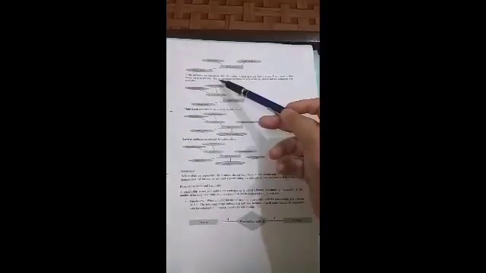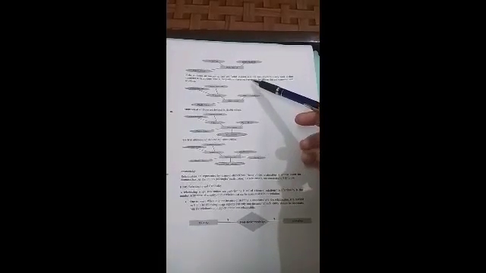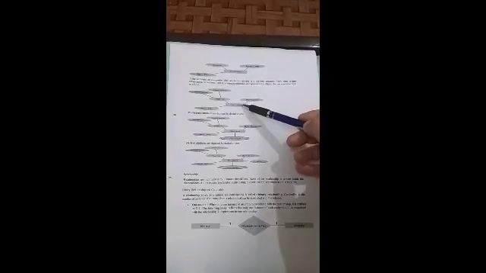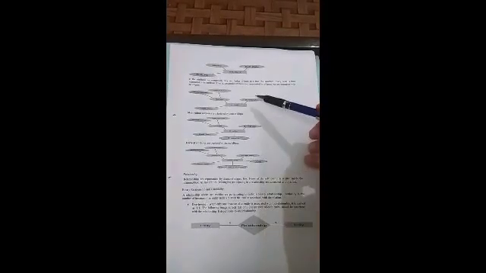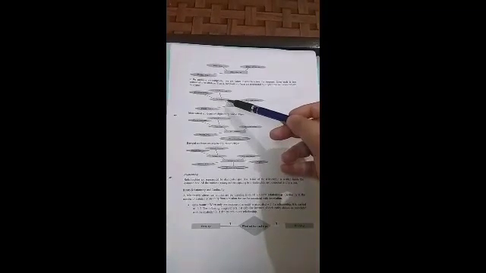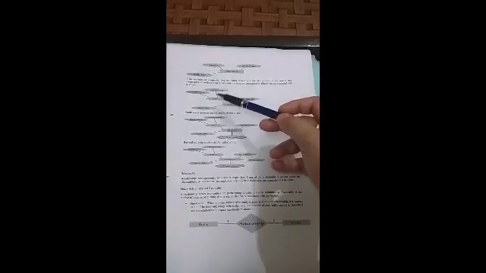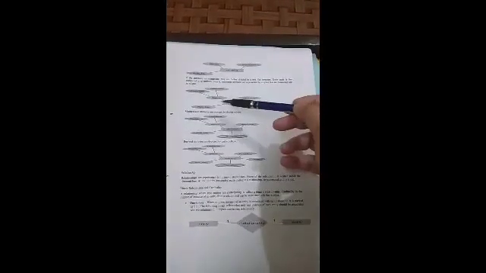If the attributes are composite, they are further divided into a tree-like structure. Suppose in this diagram the student has the attributes name, roll number, and birth date. So name is the composite attribute as it is further divided into two more attributes, last name and first name. So this is the composite attribute.